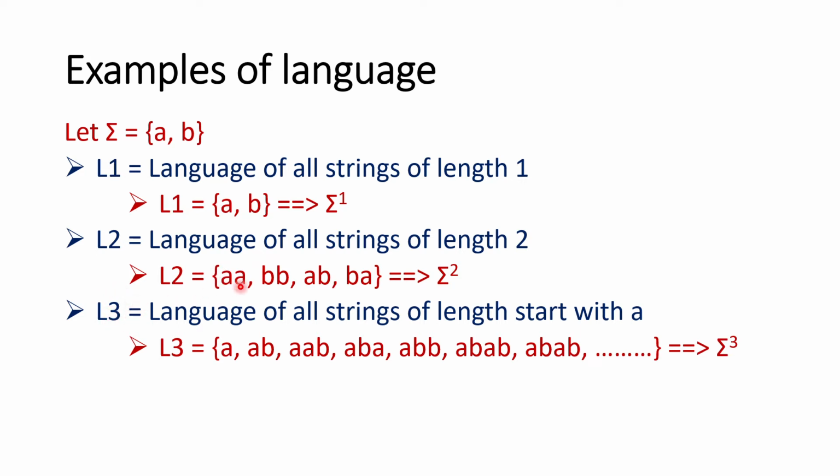It can be an element of this set. BB cannot be an element of the set because this particular string starts with B, not A. Similarly for this one also. But AB can be an element of this language L3.